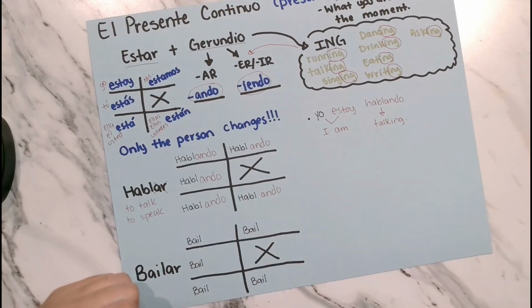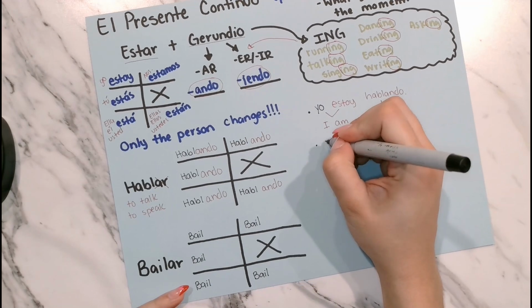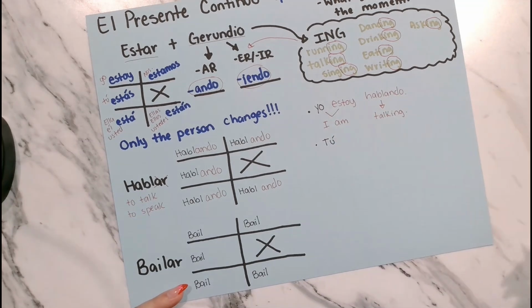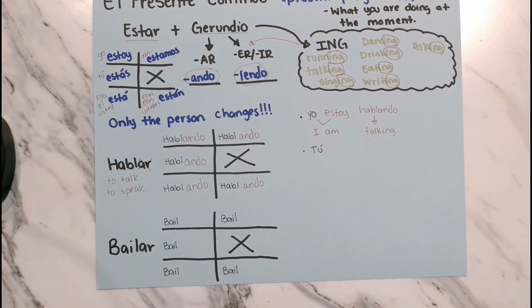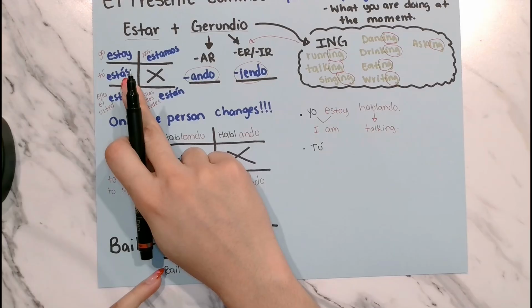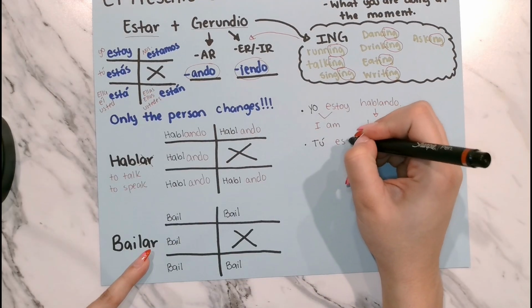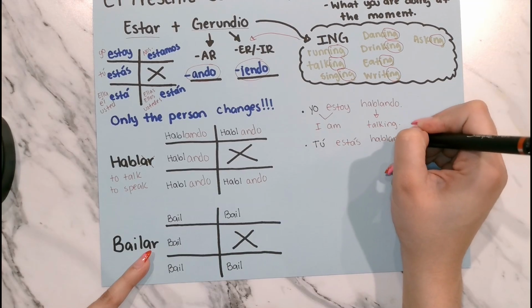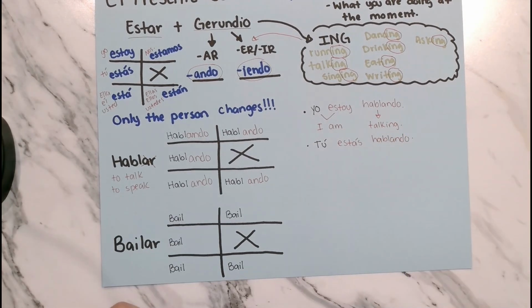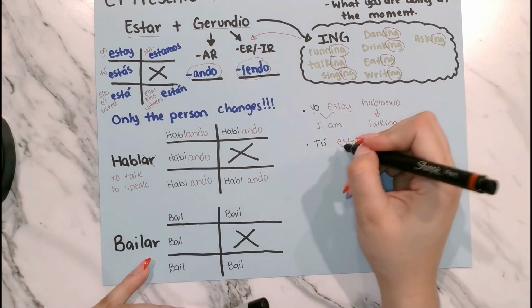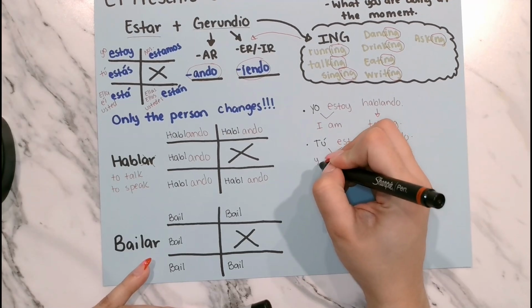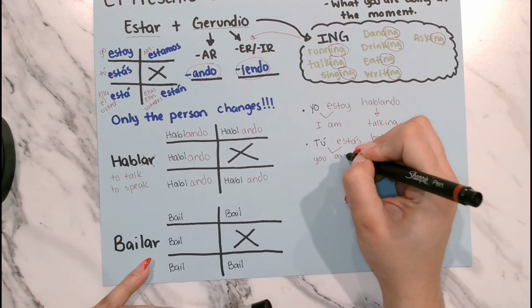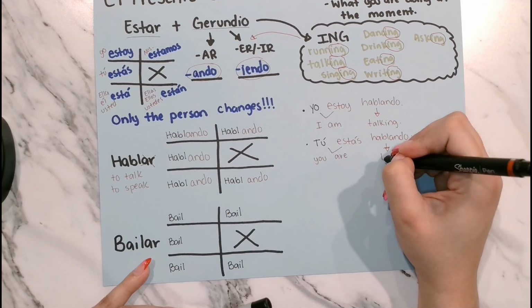Now, if we want to change the person, we have tú. We look at estar en la forma de tú. Estás hablando. You are talking.